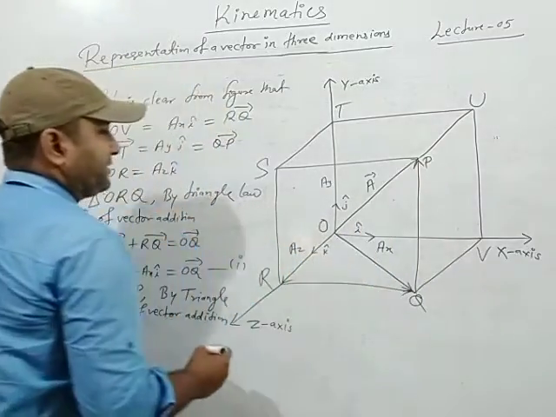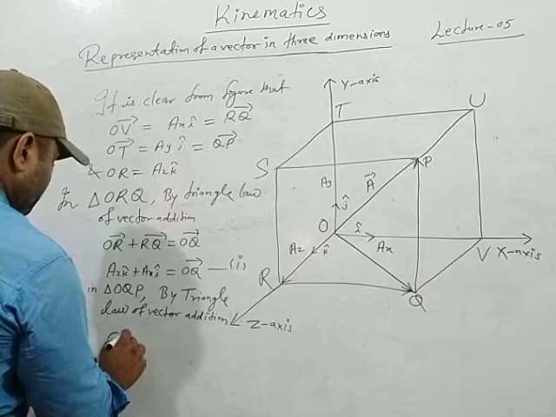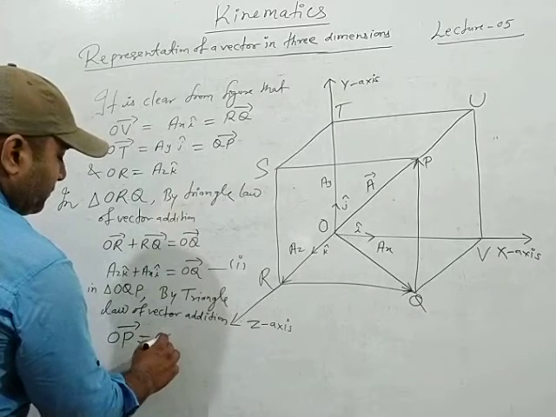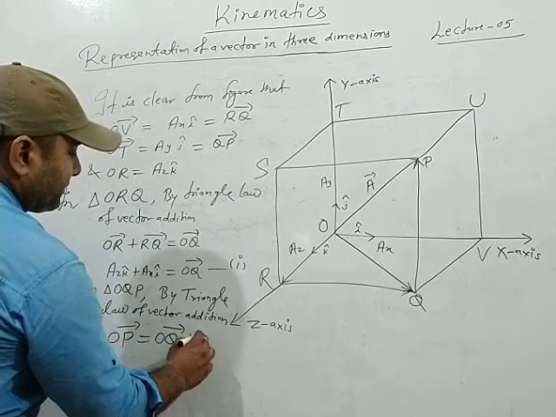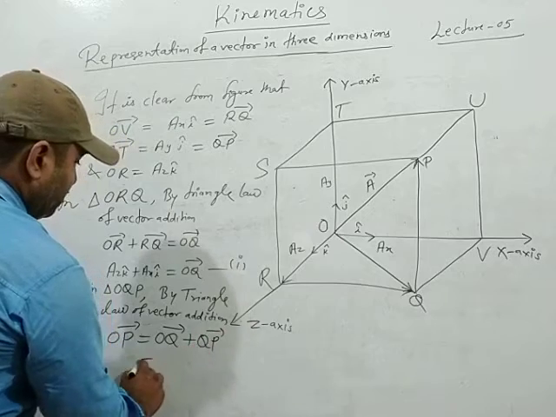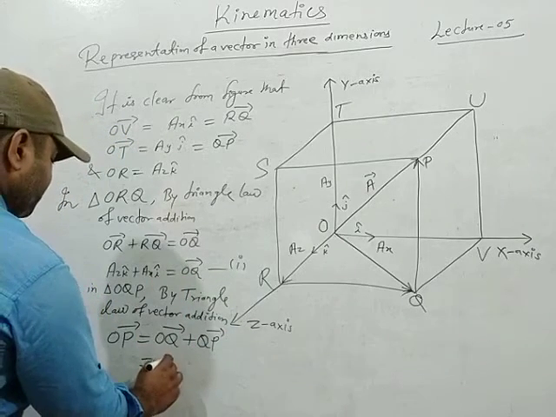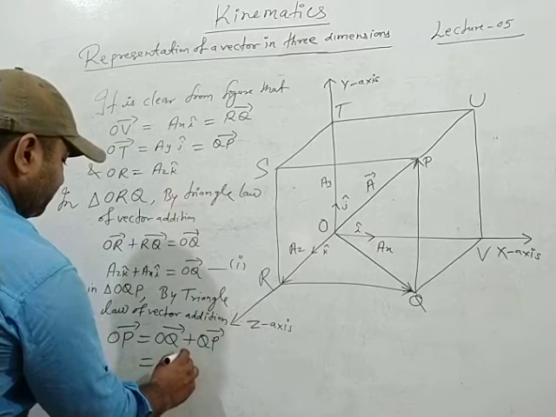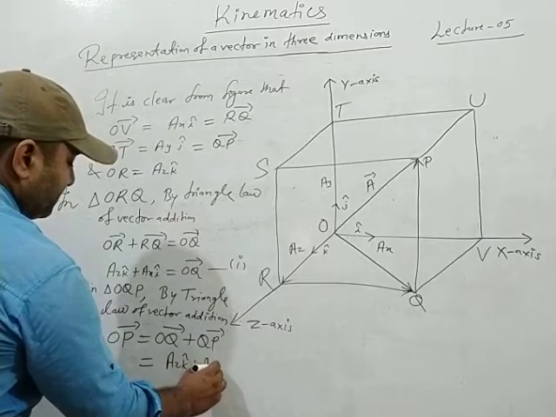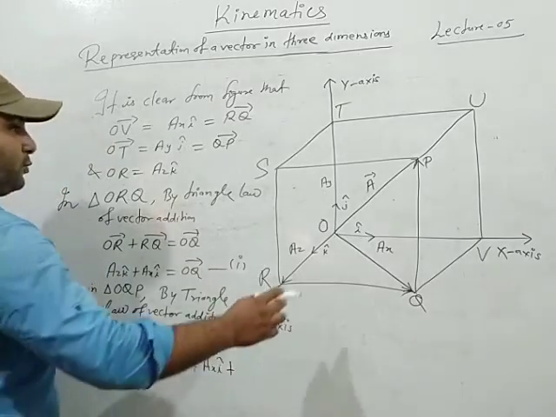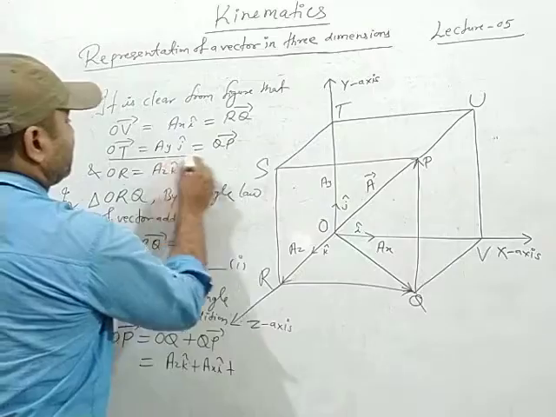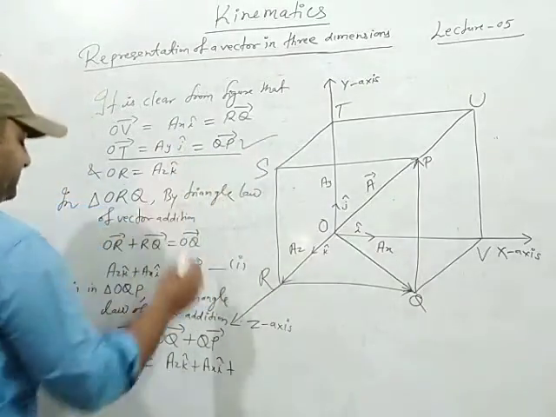In reverse order, that is OP. OP is equal to OQ plus QP, and here OQ from first equation is az k plus ax i, plus QP here. Just see the concept of QP means what? That is ay j.